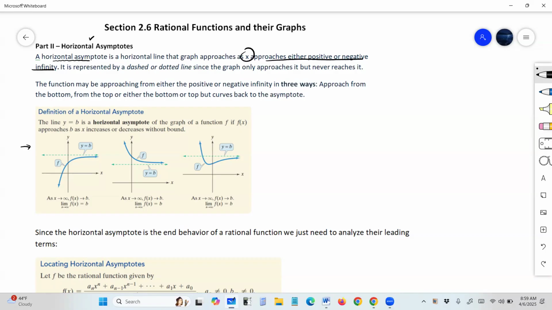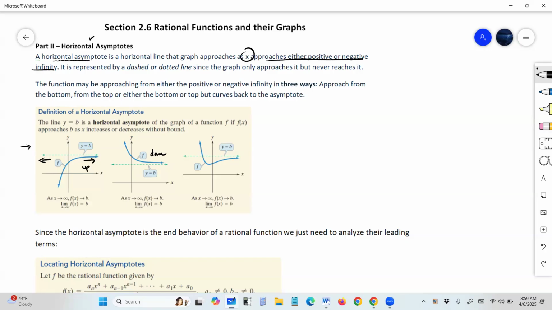The function may be approaching from left to right, or obviously right to left, either from the bottom up or from the top down. These are the two classical ways that it can happen, and in most cases it's going to be that way.